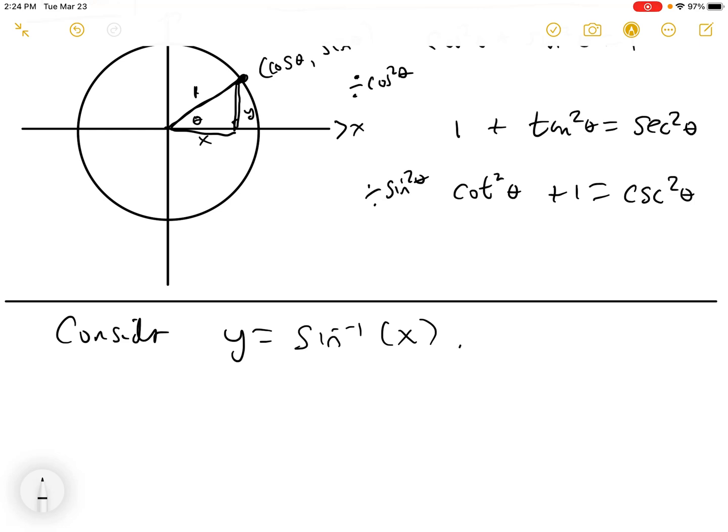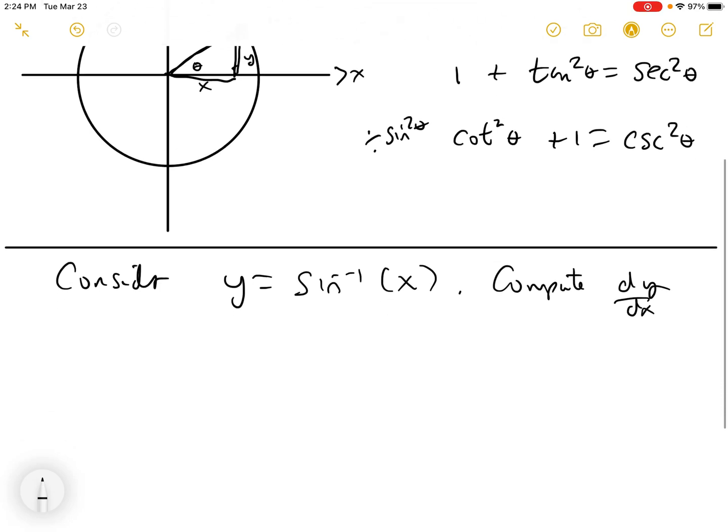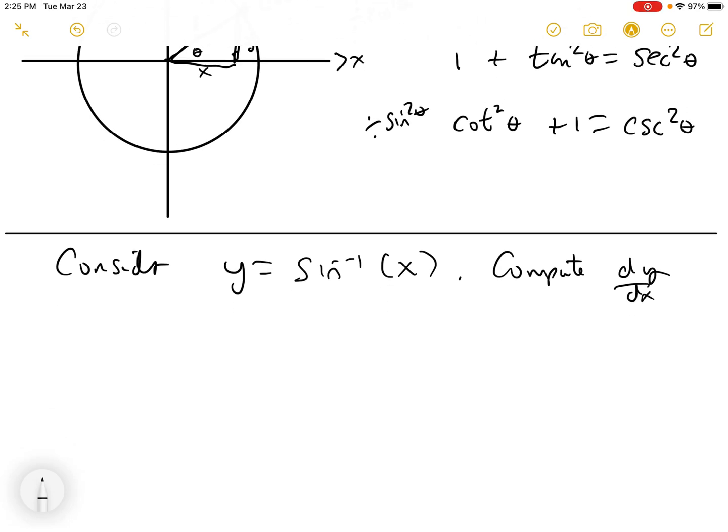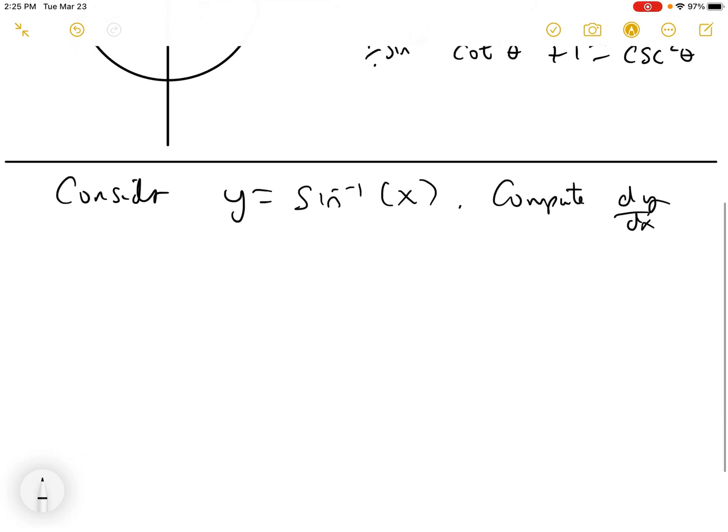And we want to compute dy dx. We want to find a derivative for the sine inverse of x function. I love this construction. You can do this 6 times, and it works every time for all 6 different functions. So if you take the sine of both sides, you get the sine of y equals x, because sine undoes sine inverse.